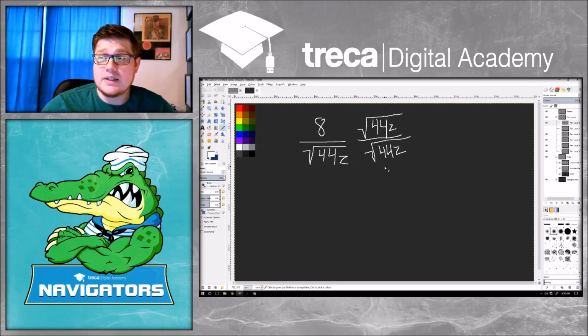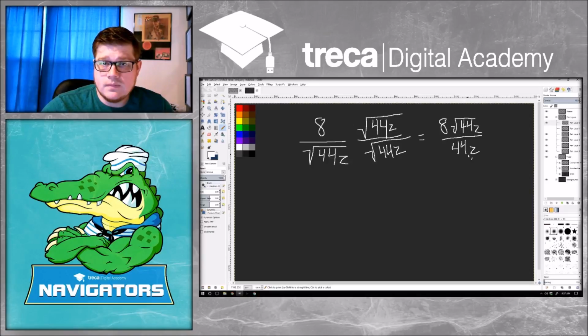Anything divided by itself is 1, and anything multiplied by 1 is the same thing as it was. So by putting the square root of 44z in the numerator and the denominator, we are not changing the value of the problem. That's really, really important. So we're going to end up with 8 square root of 44z, all that over 44z.